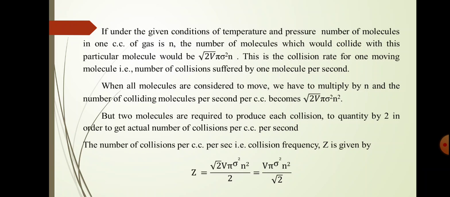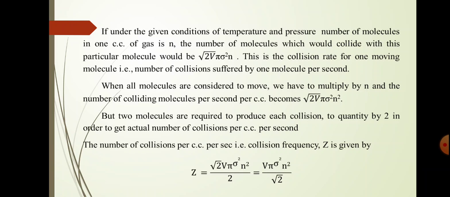The number of collisions per cc per second is known as the collision frequency, indicated by Z, and is given by Z is equal to root 2 v pi sigma square n square upon 2. By cancelling the 2 and root 2, we get the finalized value, that is v pi sigma square n square upon root 2.